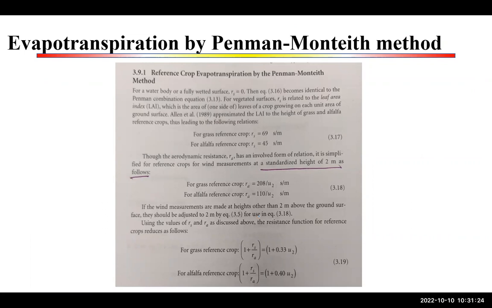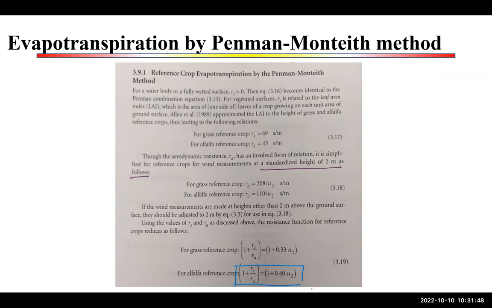So here, if you look at the equation, we actually need 1 plus RS over RA, right? And it says that 1 plus 0.33 U2 for grass. Since we are working with alfalfa, that will be the equation, right? Are you seeing why U2 here? 1 plus 0.4 U2.